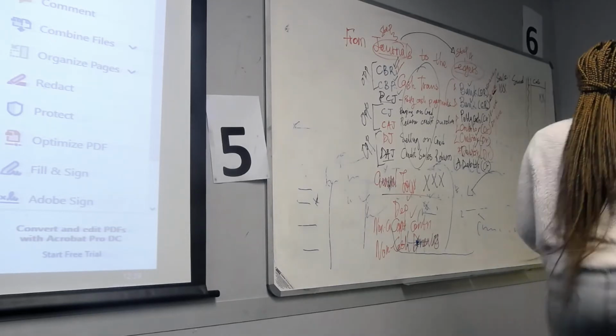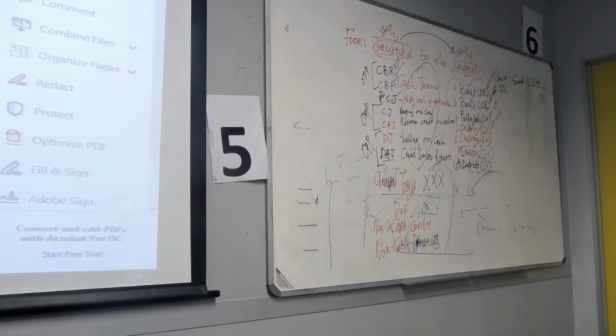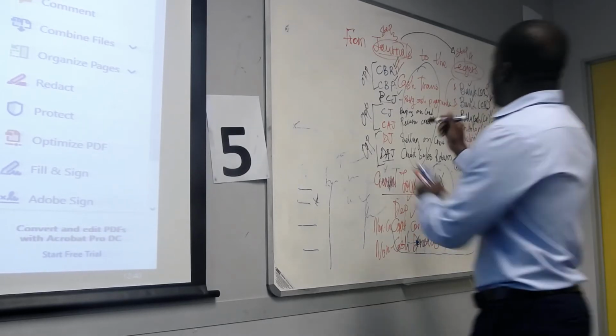Which page is that? 157. So from 156 up until 165, let's look at those general vouchers. The general vouchers start at 163. Remember, there's a source document for each and every one of these.